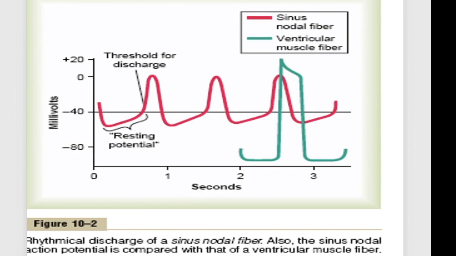Moving on to the relative refractory period, the atrium has a relative refractory period of 0.03 seconds, while the ventricle has a relative refractory period of 0.05 seconds.